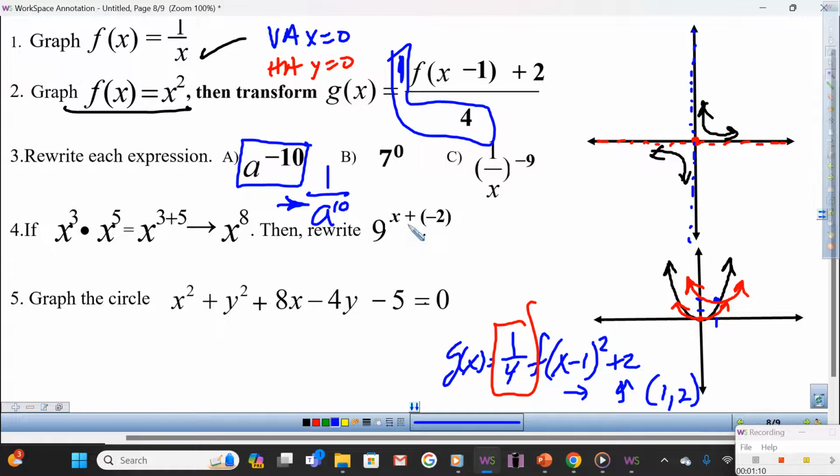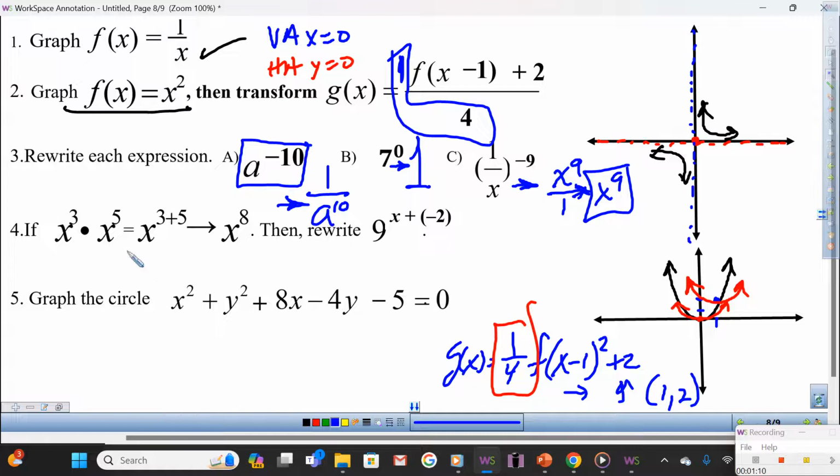That is correct. 3B, Anthony D. 1, because any number to the 0 exponent is 1. How about 3C? What'd you get for 3C? X to the 9 over 1, or x to the 9th. That is correct.